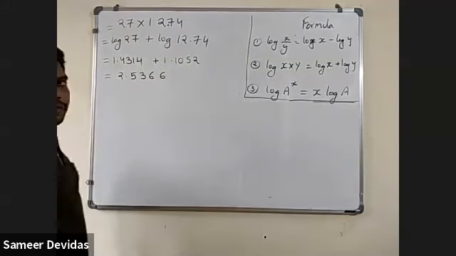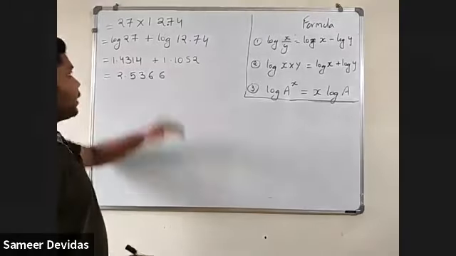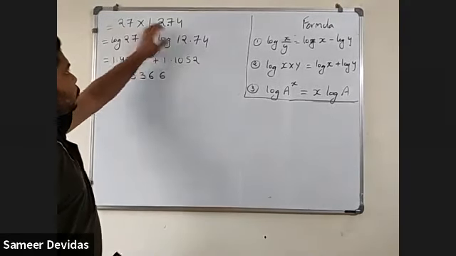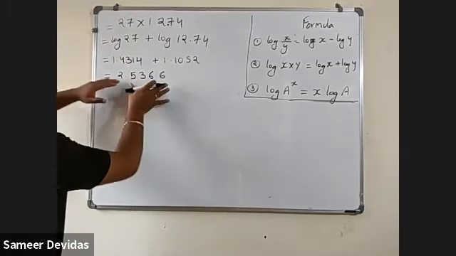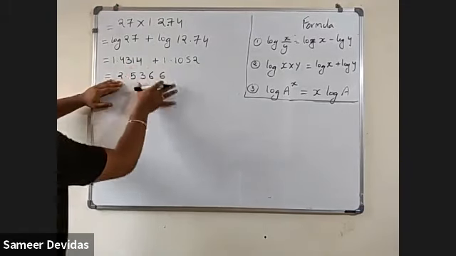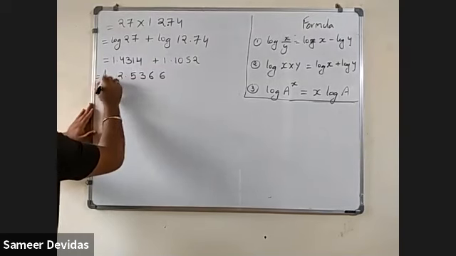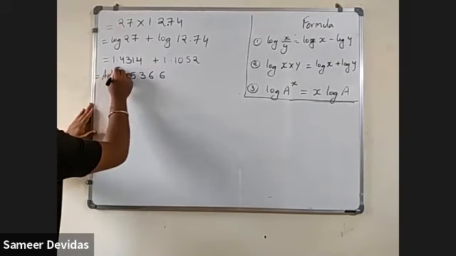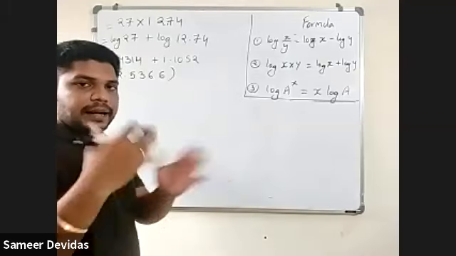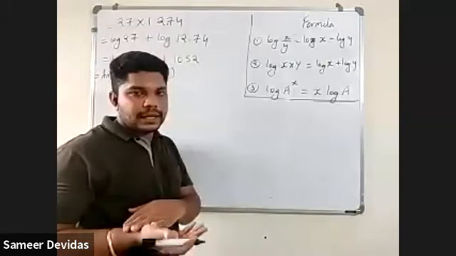But this is not your final answer, students. Whenever you take the log of any number, whatever answer you get is not the final answer. Whatever answer you get after the log, we have to take the anti-log. Log and anti-log are two separate tables.